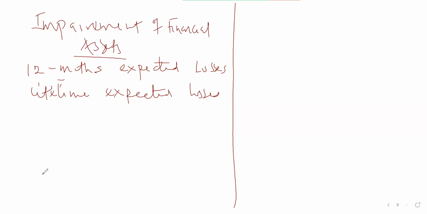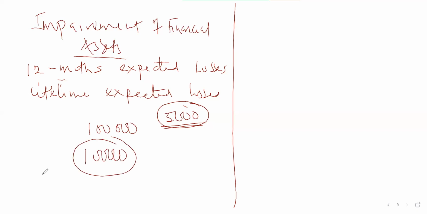So if the instrument is 100,000, and we are expecting that within the next 12 months the losses will be 5,000, what we do is that we still keep the asset at its nominal value, and we make a provision for the 12-month losses in the statement of financial position. This will be treated as profit or loss, but we don't subtract it from the asset. We are going to keep this as a provision for the first time, which is 12-month expected losses.